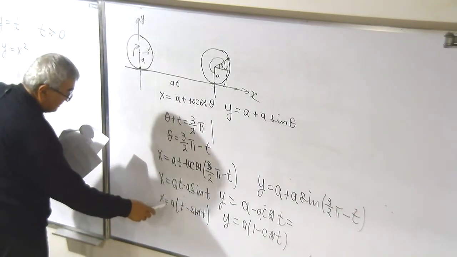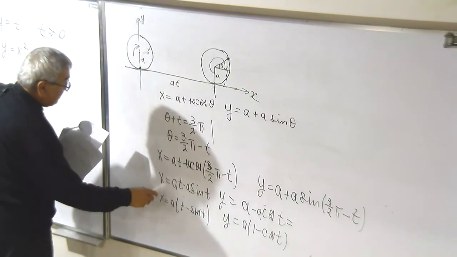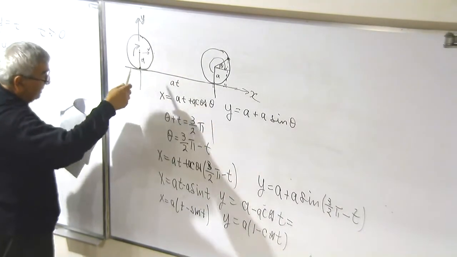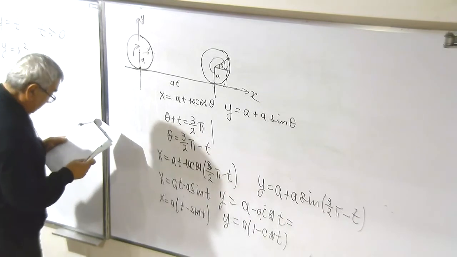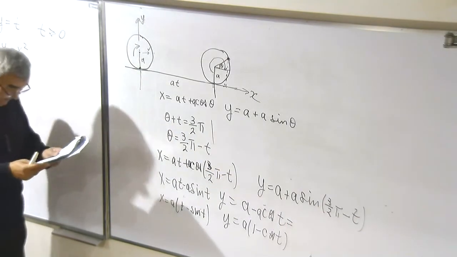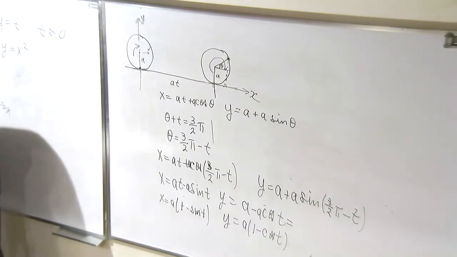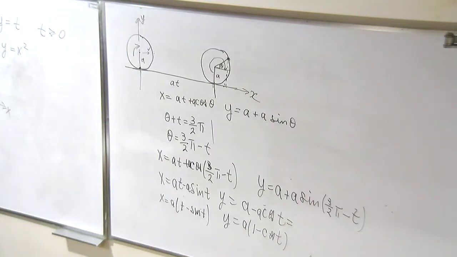A will be in centimeters or meters, depending on what units you choose to apply. Okay, therefore the parametric representation is very convenient for this type of motion.